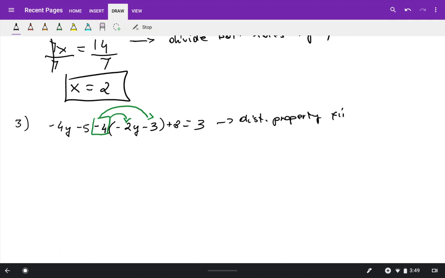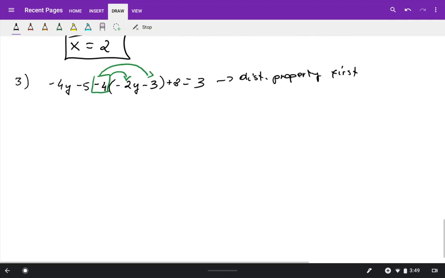first. Okay, so let's do it. So I have negative 4y, okay, minus 5. And then I have negative 4 times negative 2. That will give you positive 8y, because y is attached to negative 2. And then you have negative 4 times negative 3. That will give you positive 12.